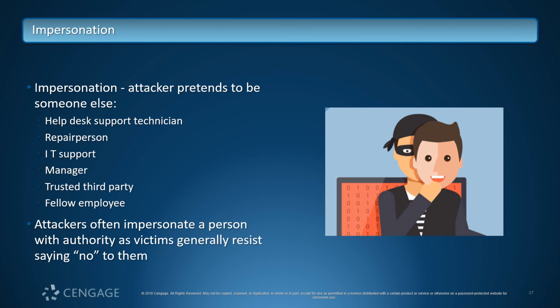That kind of thing. Attackers will often impersonate someone in authority because victims generally resist saying no to them. Having worked in both physical and cybersecurity, I will tell you, that happens a lot. You'll have people who will come at you, and generally, if you buck any resistance, you'll see the facade shift.